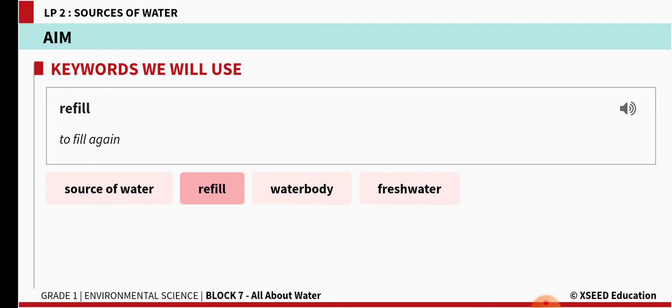Water body means the big sources of water, the place where you can see a lot of water, like the river picture you just saw. Fresh water means the water which we drink, which is not salty. Source of water, refill, water body and fresh water are the 4 keywords. You will learn the spellings and also the meaning of these 4 words, children, as usual.